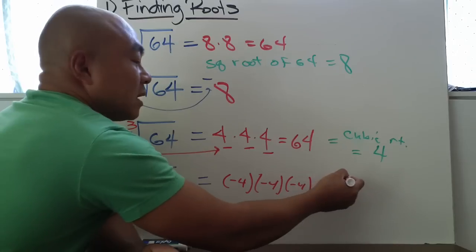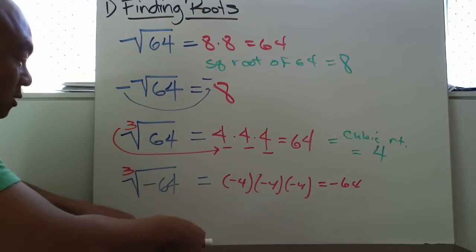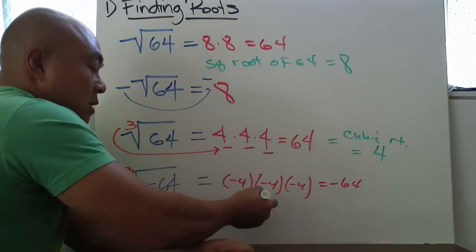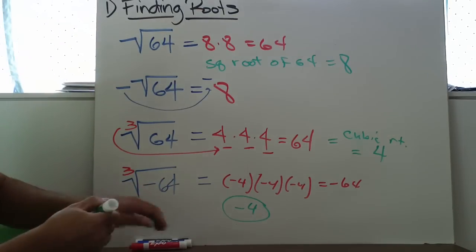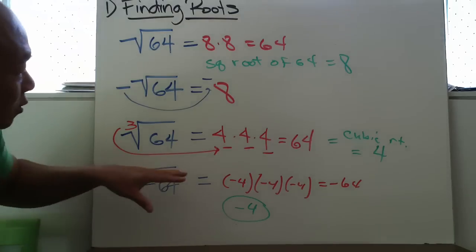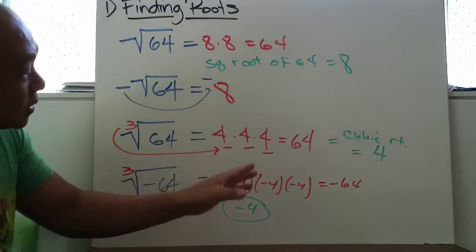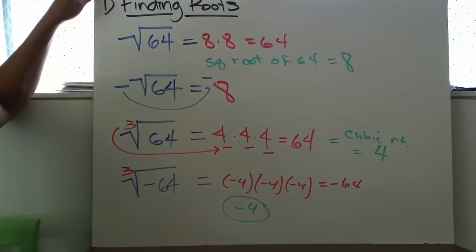That gives us negative 64, which is what we want. So our root is negative 4. So once again, with square roots and cubic roots, you're looking for that one number that's multiplied by itself to give you the answer inside of that radical symbol.